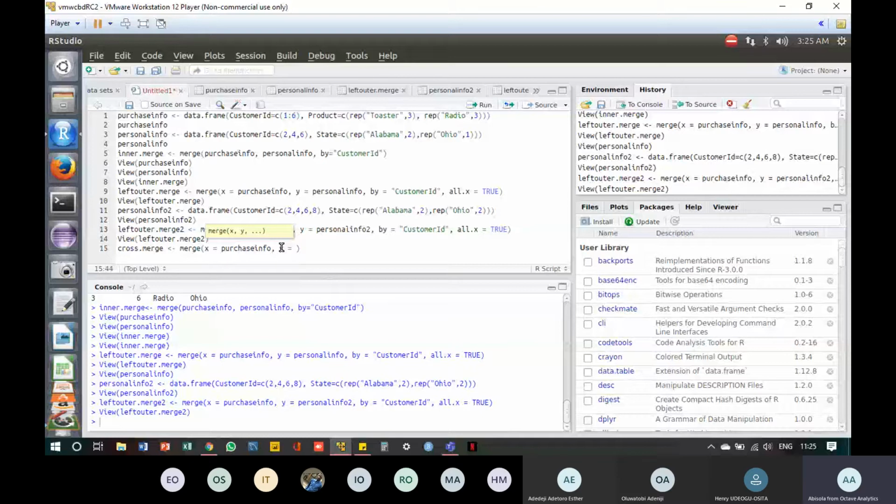So you are not joining by anything. You're not joining by any column. Let's see what it does. View cross.merge.